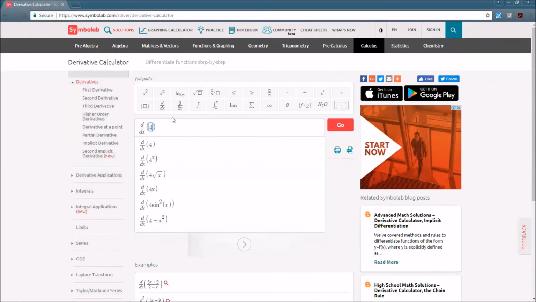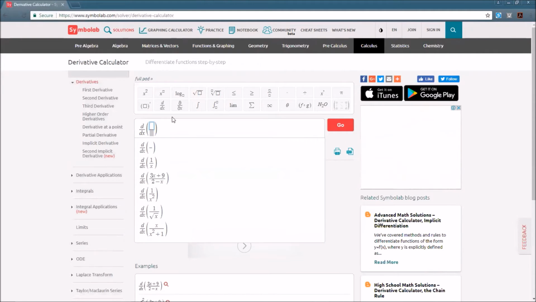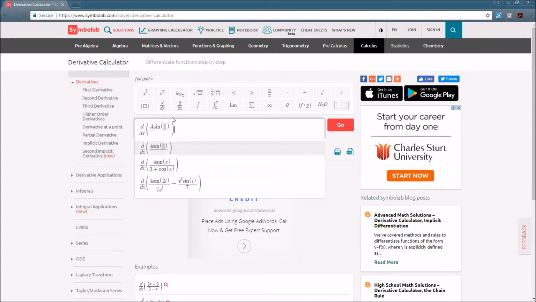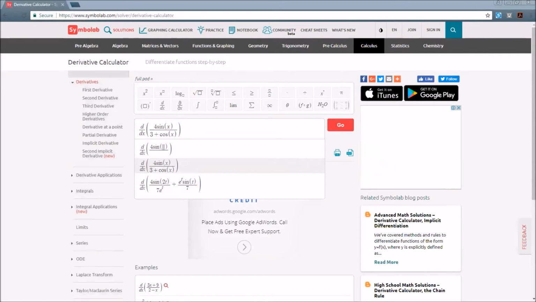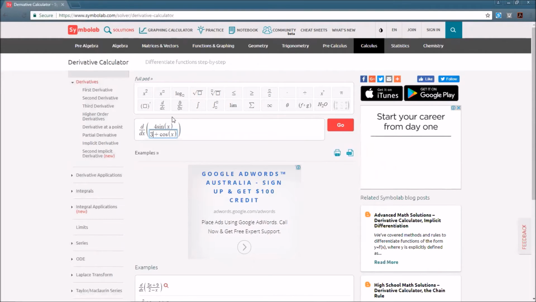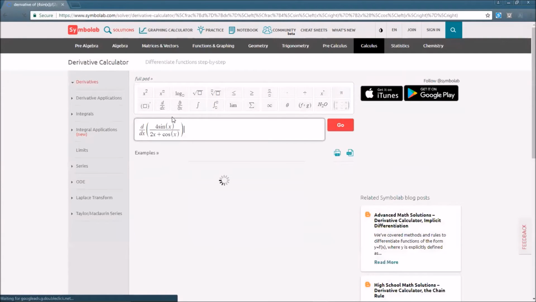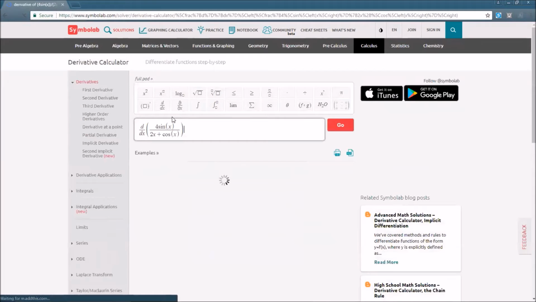So it's 4 for sine x. Oh. Three is 2x. There we are. This will go quicker.